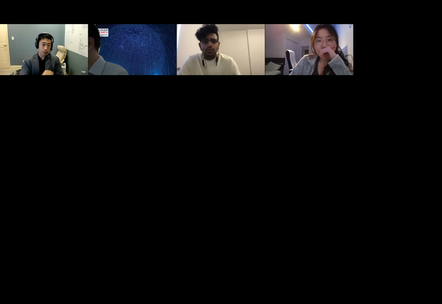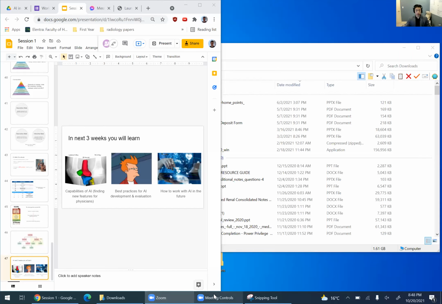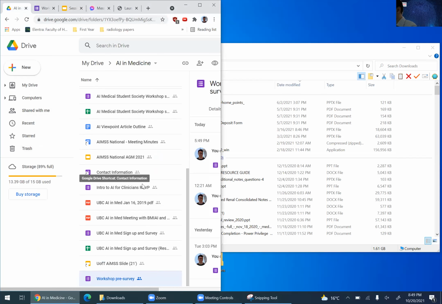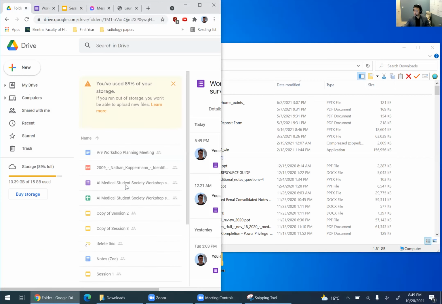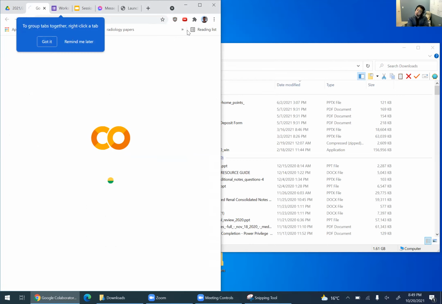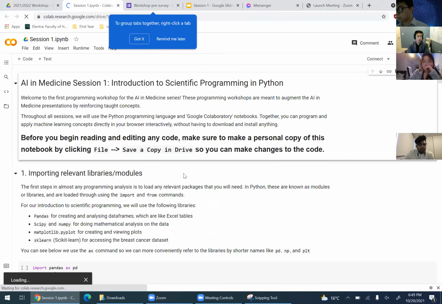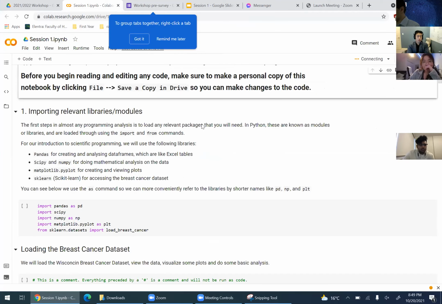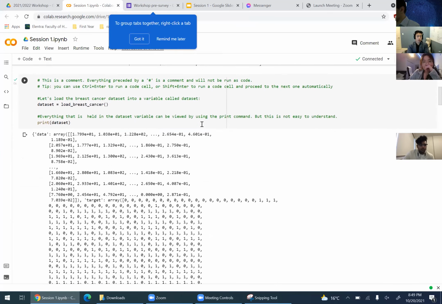Yeah, the screen's frozen. Okay, I'll share on this computer. Is this working? I don't see anything. Oh, no, yeah, you're good. Okay. Sorry about that. Can you see this? Yep.